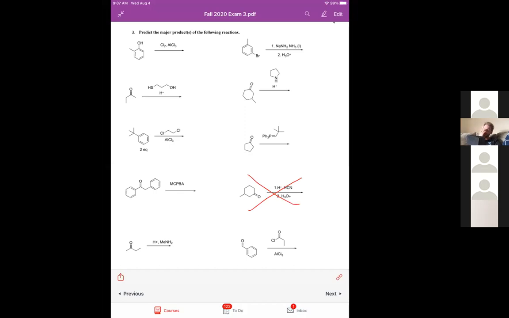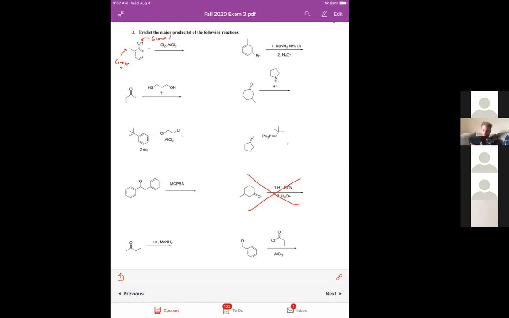So taking a look at the first reaction here, we have an OH, which is a group 1. We have a methyl here, which is a group 3. So our group 1 is going to trump. It's an ortho-para director.